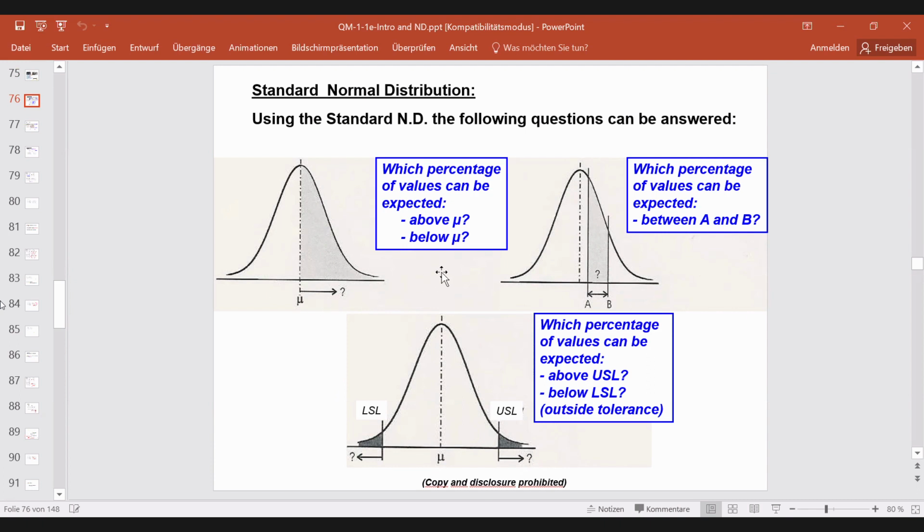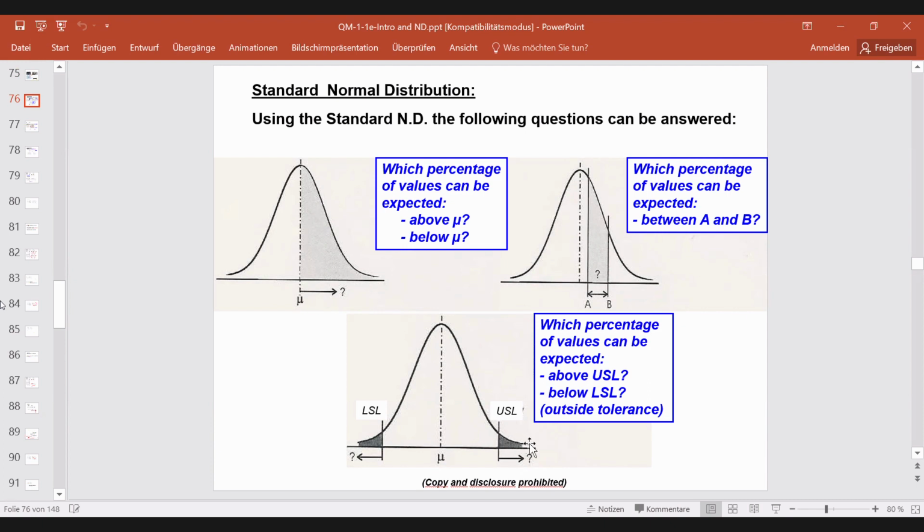answer some questions. Which percentage of values can be expected above mu or below mu? Which percentage of values, measurements, can be expected between a threshold value A and a threshold value B? You can ask, what is the percentage of values that can be expected above the upper specification limit?